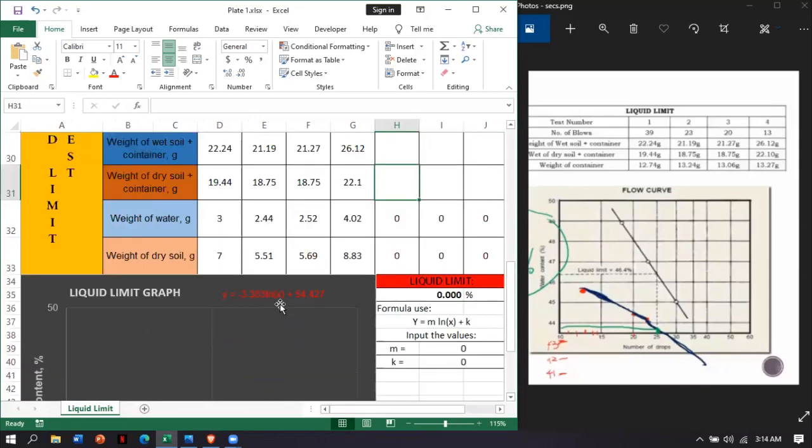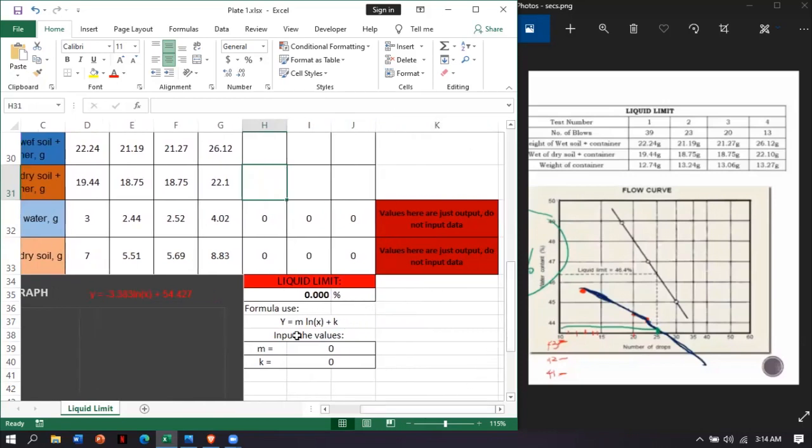As you can see, we already have the equation, which is y equals negative 3.383 ln x plus 54.427. Same as the first situation, we let m be negative 3.383 and k be 54.427. As you can see, we have a liquid limit of 43.538%.